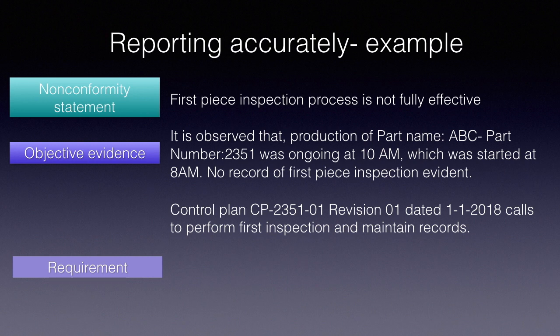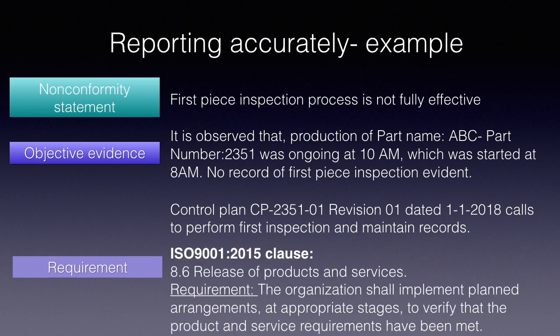Control plan CP 235101 revision 01 dated 1/1/2018 calls to perform first piece inspection and maintain records. ISO 9001:2015 clause 8.6 Release of products and services. Requirement. The organization shall implement planned arrangements at appropriate stages to verify that the product and service requirements have been met.